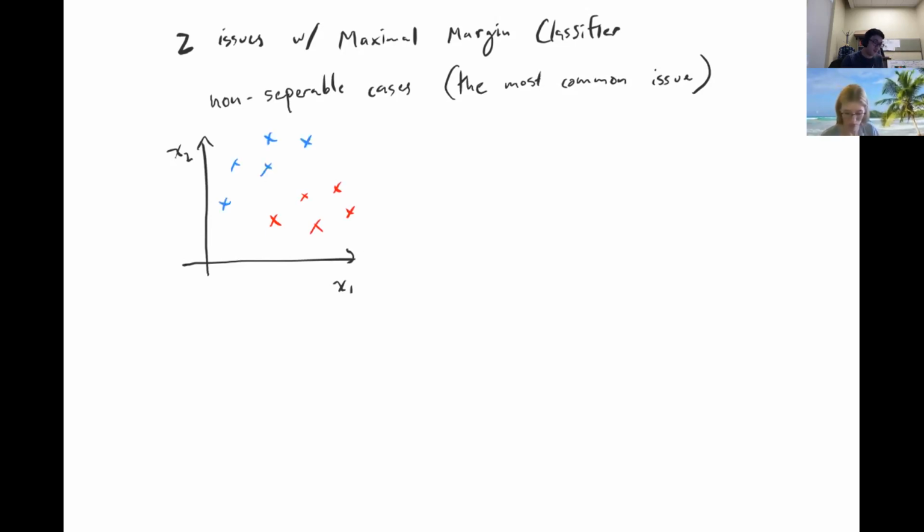Okay, this is what we had before. And you draw a hyperplane to separate these. I put one more point in here and it no longer works. Right? There is no hyperplane that I could draw through the points that would clearly separate the red points from the blue points.